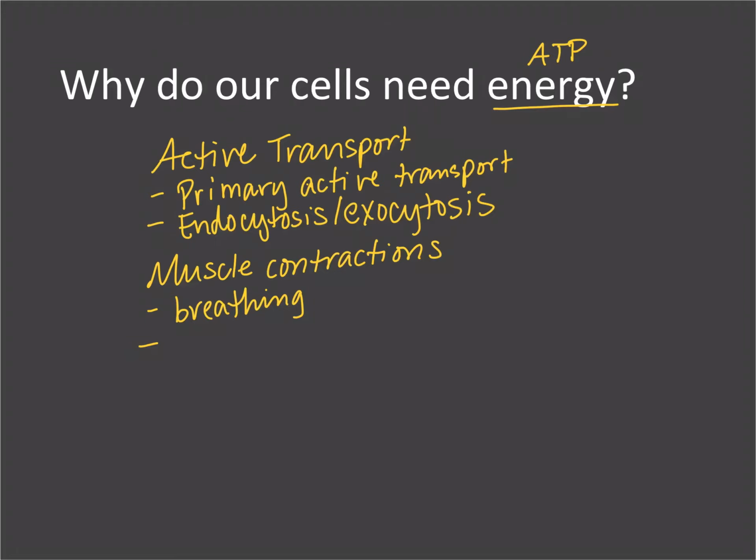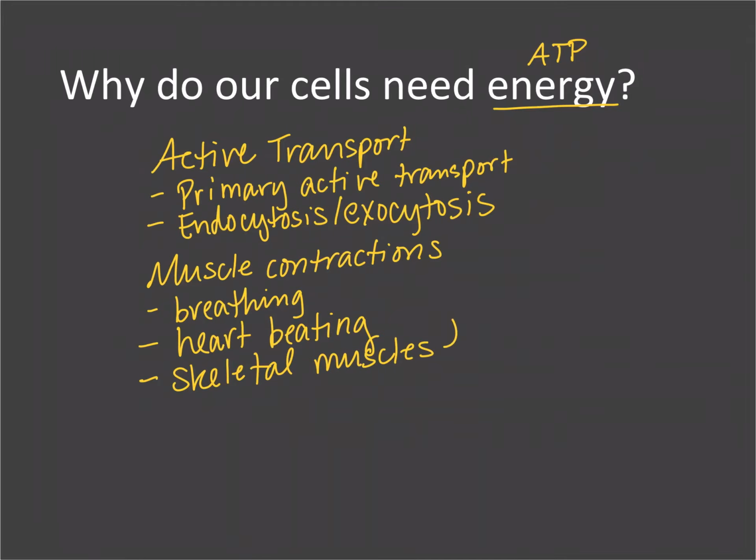So your cardiac muscle, your heart muscle, needs ATP in order to beat to move blood around your body. It also has to do with other skeletal muscles. So moving your body around. Skeletal muscles are also the ones involved in breathing, et cetera. Just any of the movement you do is going to require ATP.